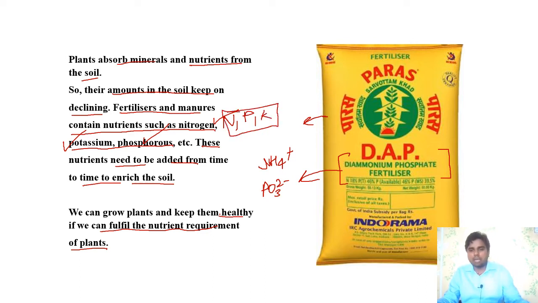I have written the chemical symbol of these elements: N for nitrogen, K for potassium, that is kalium, and P for phosphorus. So NPK is a ratio, a combination that is used in the fertilizers. And it should be given time to time into the field, because the nutrition present in the soil will be over after some time.